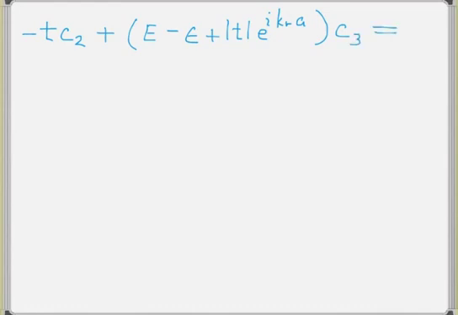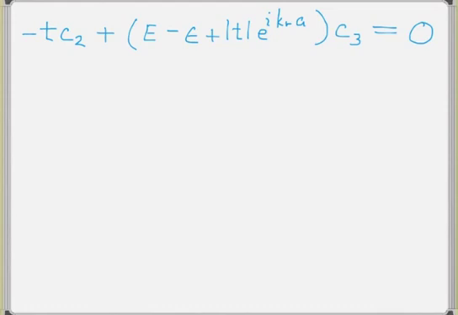So I'm going to get t C2 plus, I'm going to multiply through by -1, plus E minus epsilon plus magnitude t e to the i k_R a C3 equals 0.